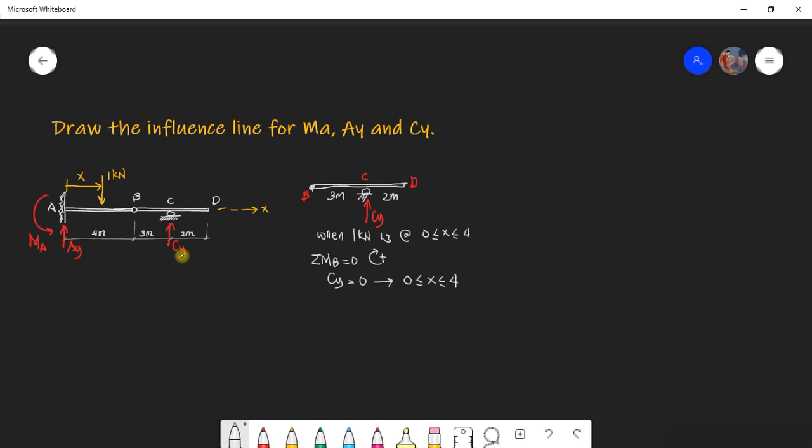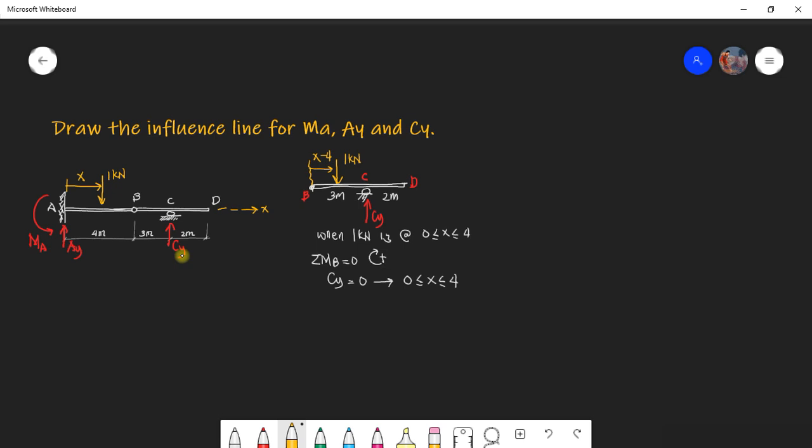Now, what if the unit load is at greater than 4? Let's say this is the moment arm. It has passed 4, so this will be X minus 4. This is the 1 kilonewton. What if the 1 kilonewton is already along member BCD?